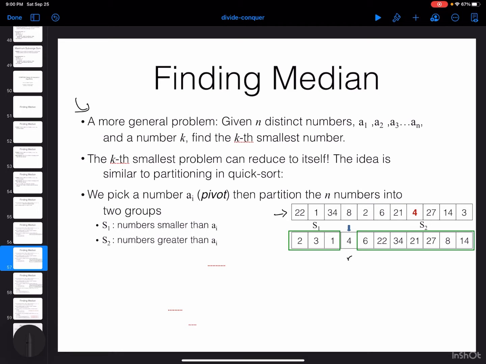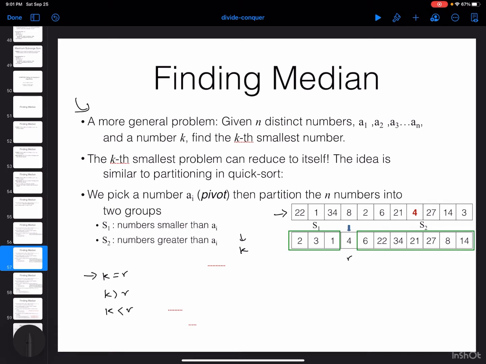Now assume that we are still looking for the kth smallest item. I don't know the value of k. There are going to be 3 possibilities for k: either the rank k that I'm looking for is equal to r, or k is greater than r, or k is smaller than r.